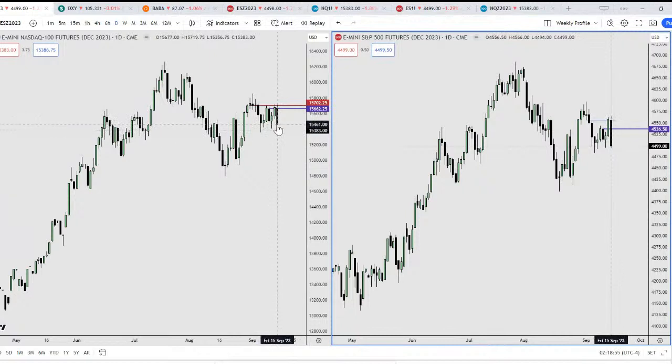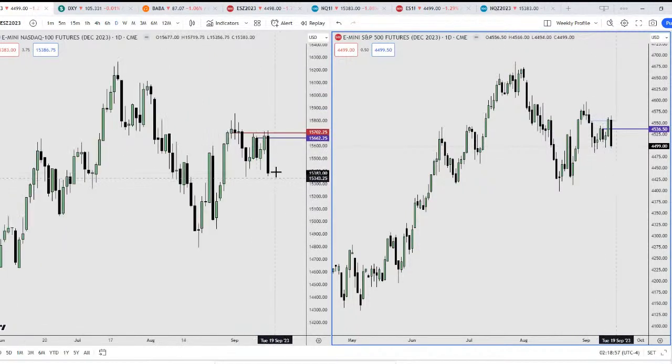I'm expecting Tuesday and Wednesday to trade up into this inefficiency here, and then on Thursday and Friday we distribute lower to take out the lows or fill out these inefficiencies down here.